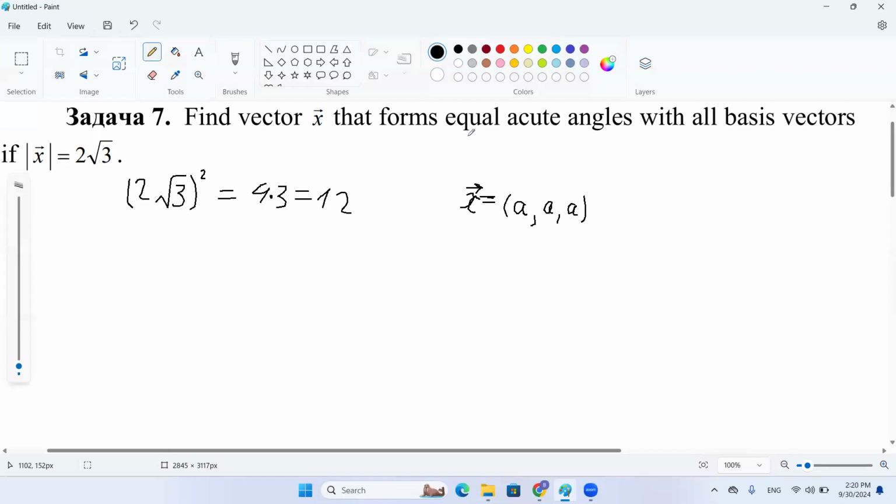So if we see that the angles are equal, and its directional cosines are the same because of the same angles.